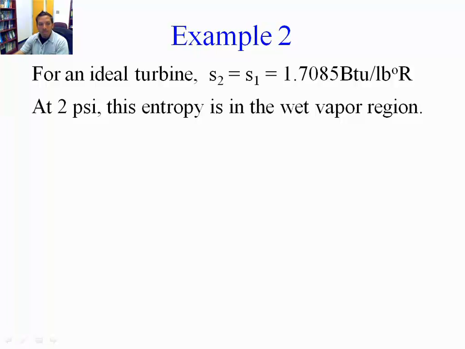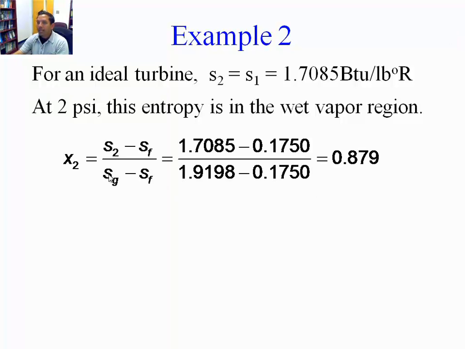So we can calculate the quality of state 2 using this entropy of 1.7085 and the entropy of saturated liquid at 2 psi and the entropy of saturated vapor at 2 psi.